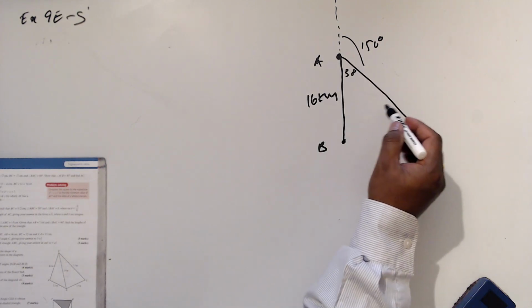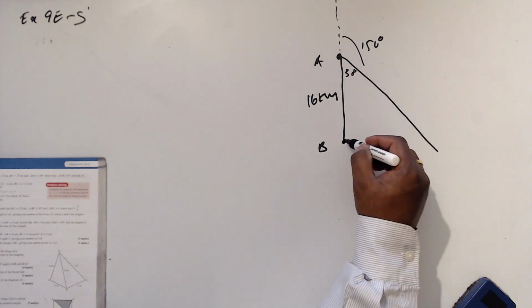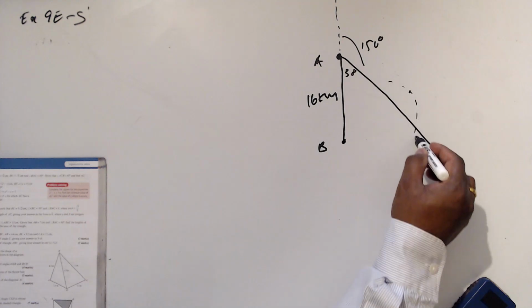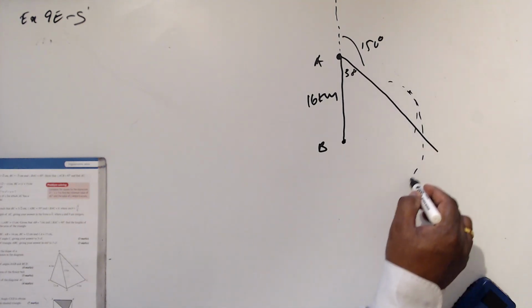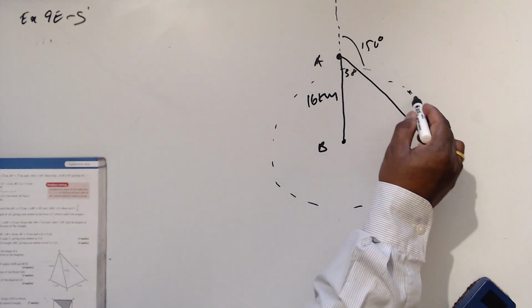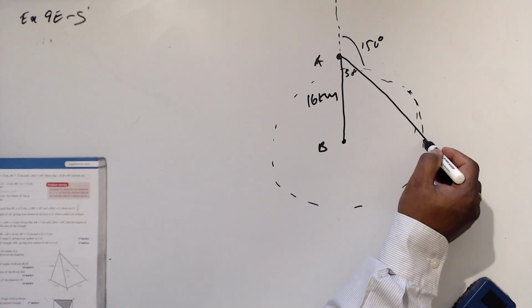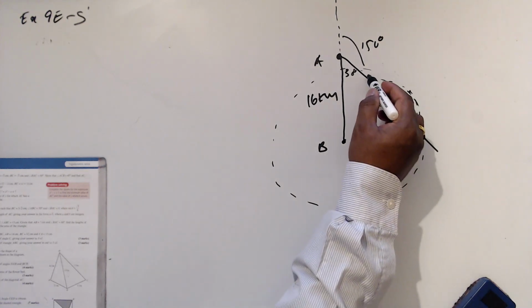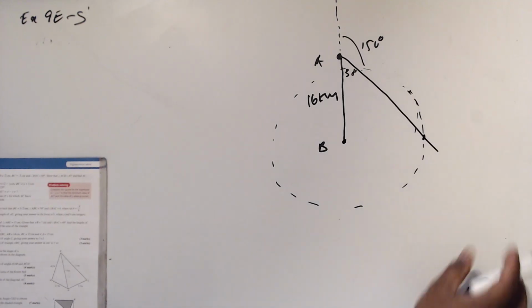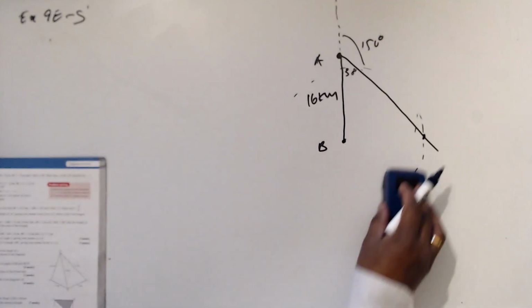10 kilometers from B. So it means when I draw a circle with 10-kilometer radius, one point is here, another point is here.